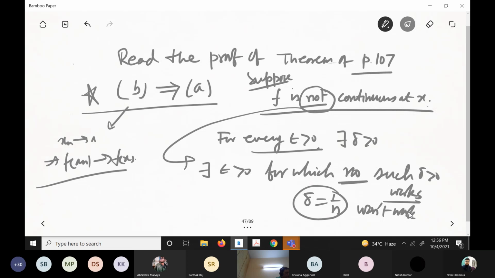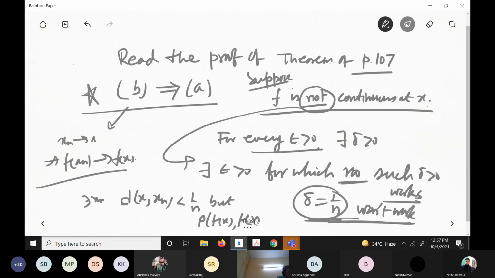That means you will get a point that you call x_n, there exists x_n such that rho(x, x_n) is less than 1/n, but rho(f(x), f(x_n)) is greater than or equal to epsilon.